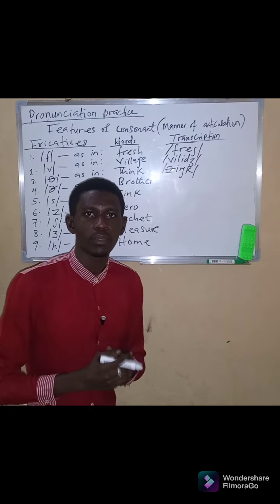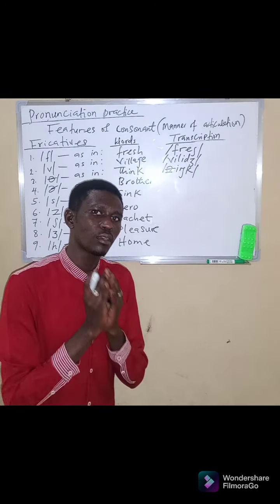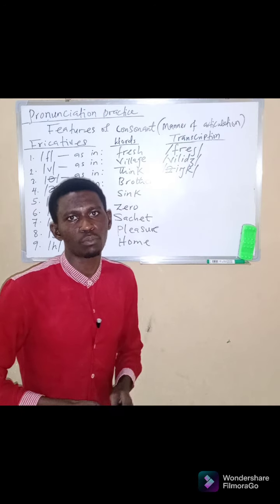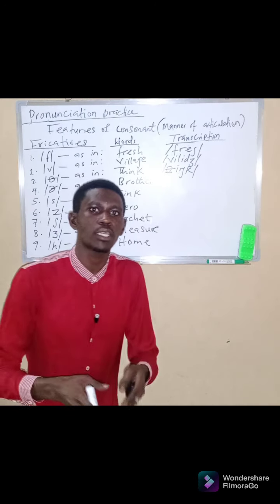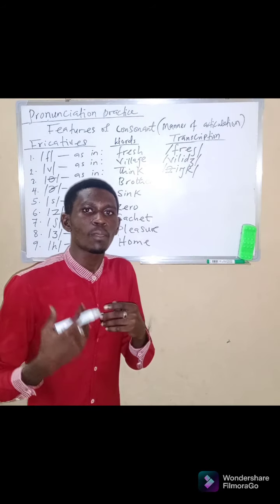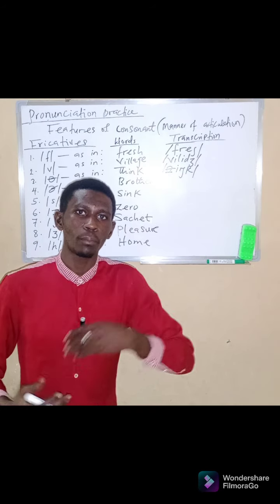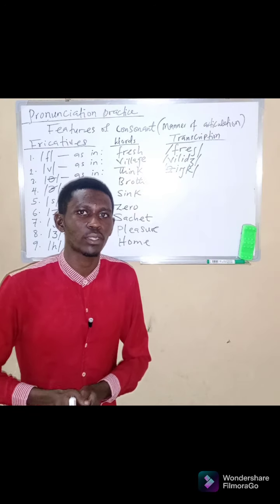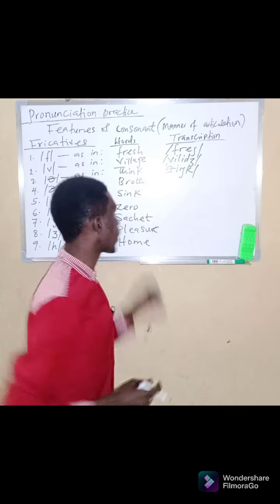Brother. This is also one of the most mispronounced words, especially in this part of the world, as we mispronounce it as brother or brother, but the correct pronunciation of the word is brother.